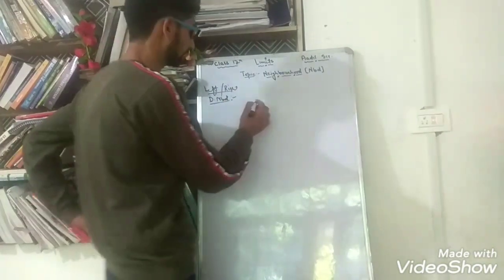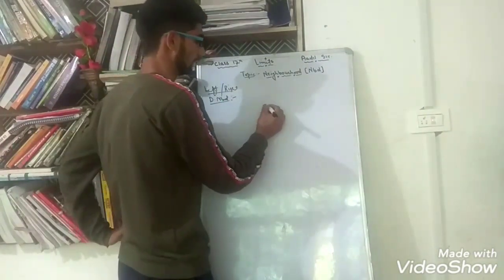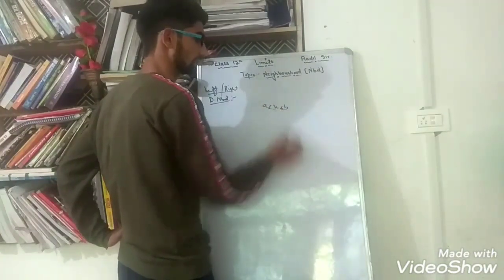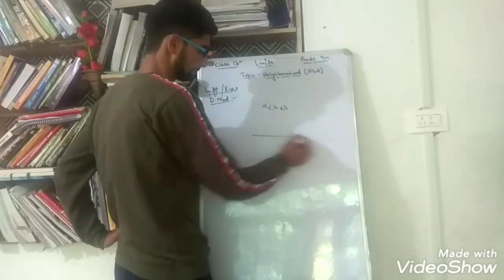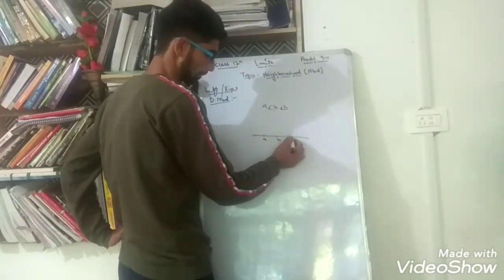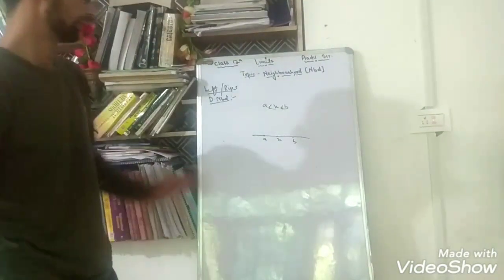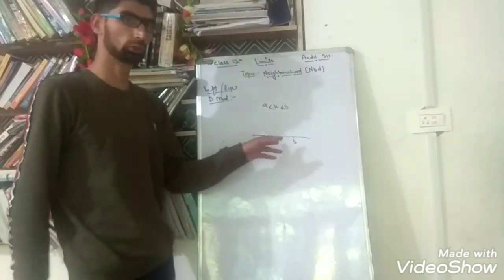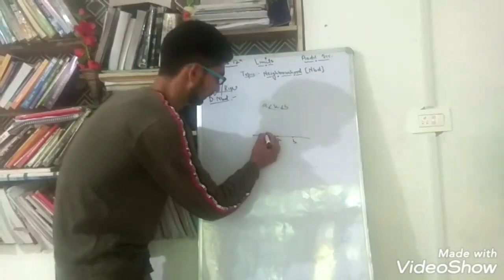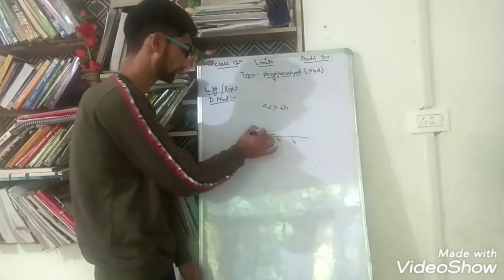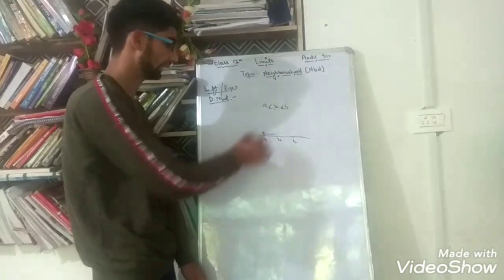Again, if we have three real numbers a, x, and b, but this a is less than this x is less than b. If we take an interval from this a to this x, but from that interval we will exclude this endpoint a and this x.